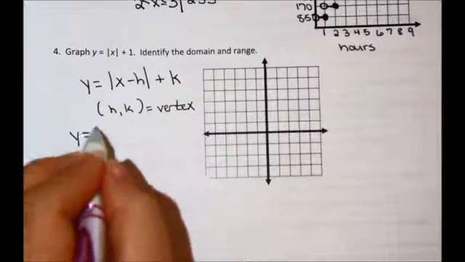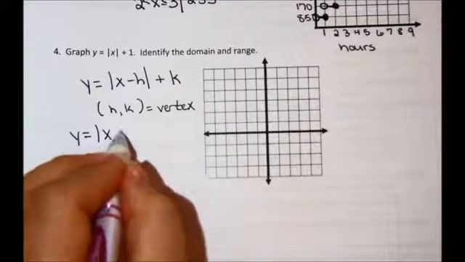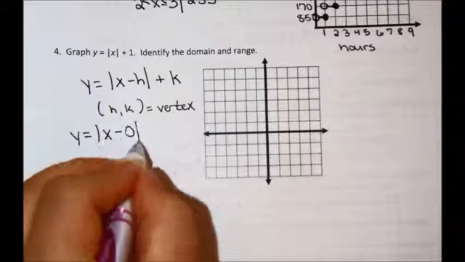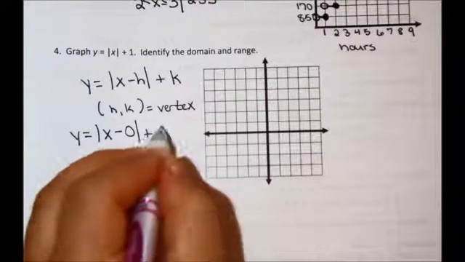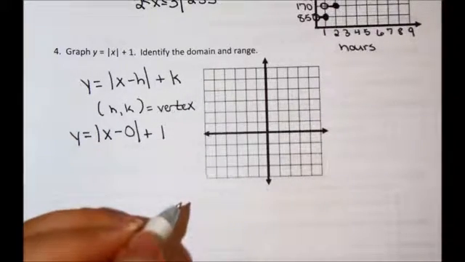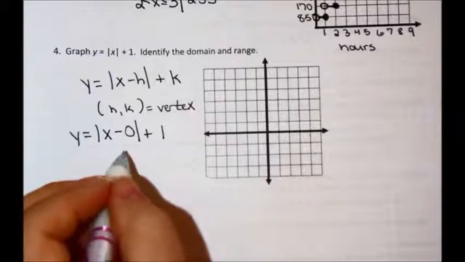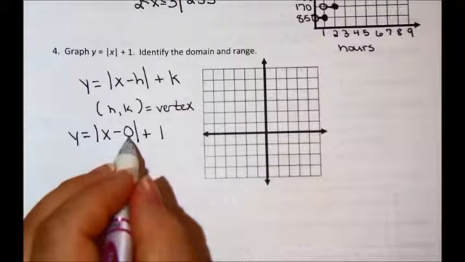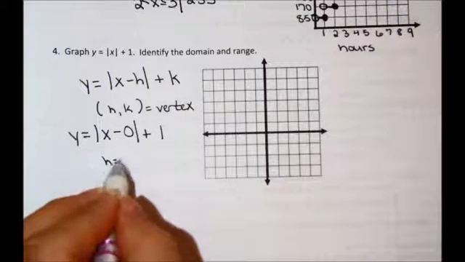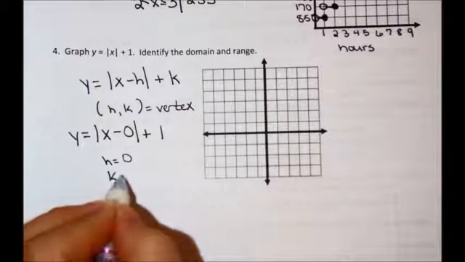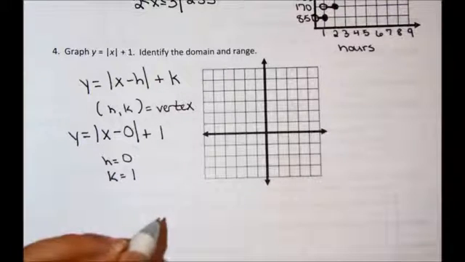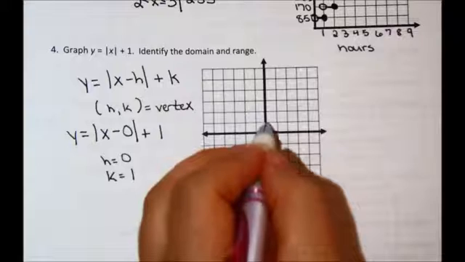Our equation can be rewritten so that we can see x a little bit better by simply subtracting a 0. By subtracting a 0, we don't actually change the equation. But we can see that h is equal to 0 and k is equal to 1. Therefore, my vertex is at 0, 1.